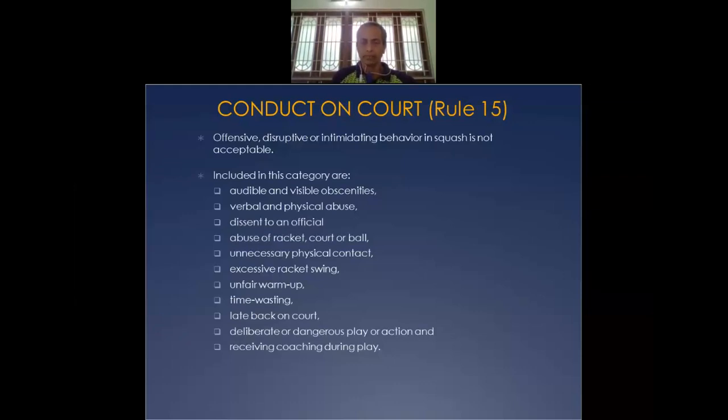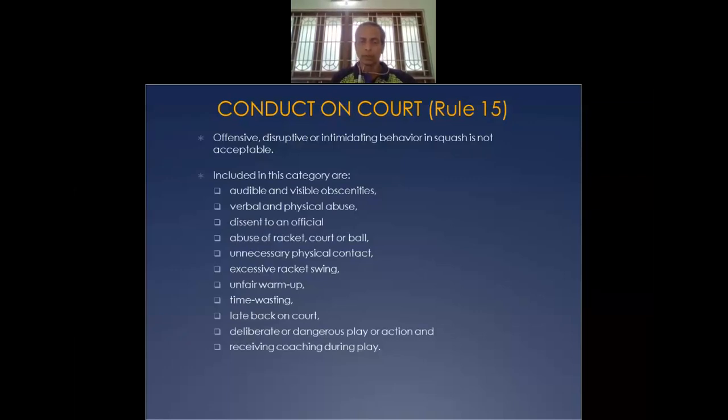So the players have to be on court and start playing the moment the time is called. We don't wait like in the good old days where the players could hit the ball for some time. We don't wait for them. Players have to start playing. Referees have to ensure that.